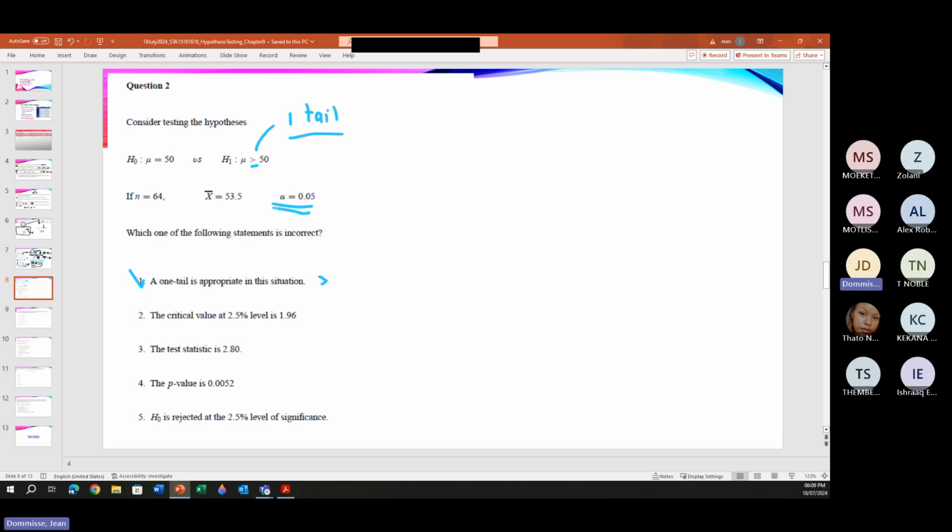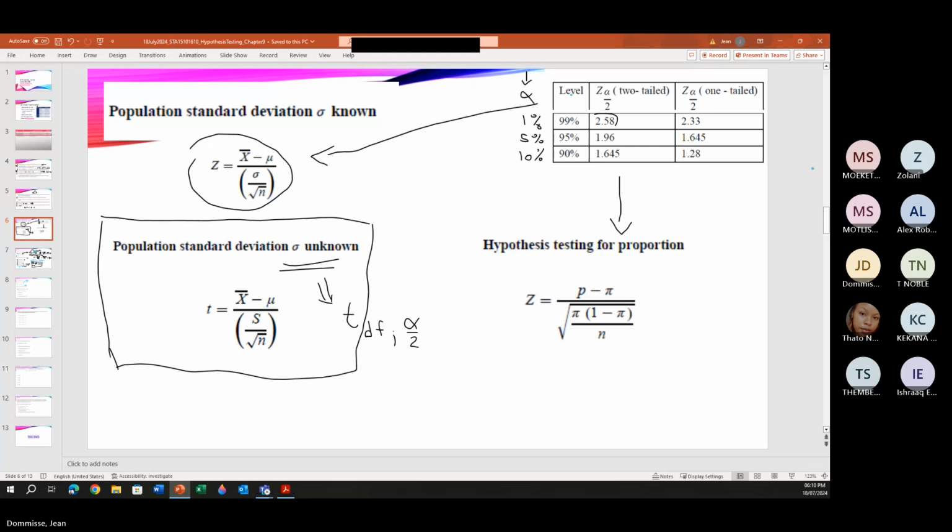Okay, alpha, if we deal with one tail, 0,05. So let's quickly go back to one tail.